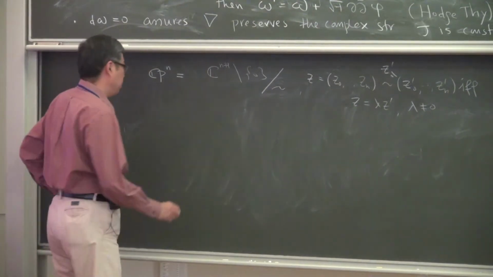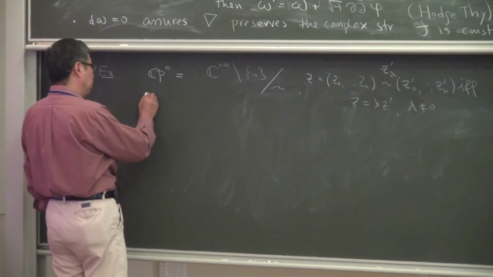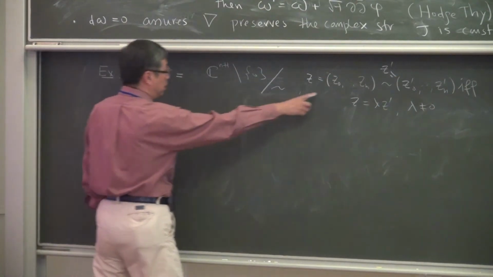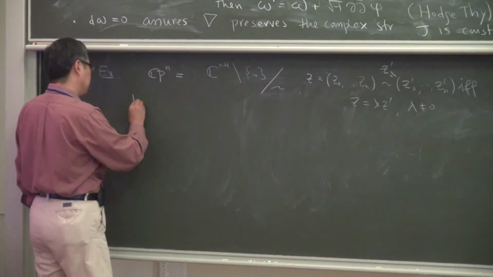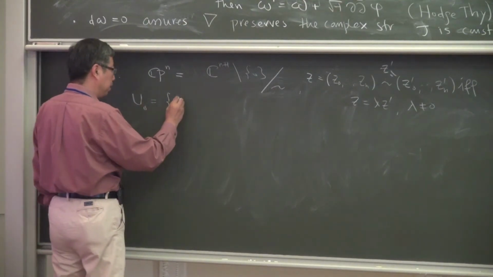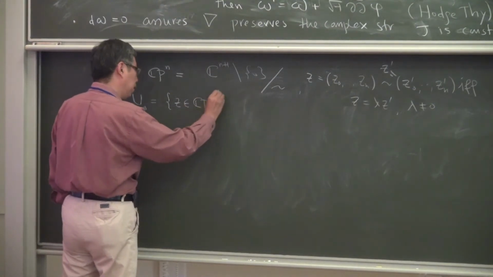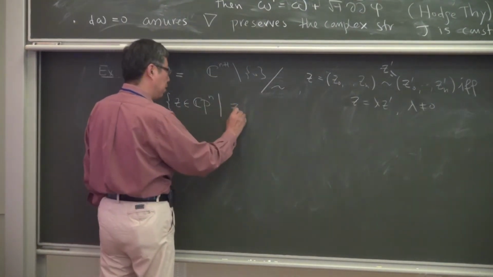So this space has a metric, which you can write as follows. Look at the open set inside CP^n where Z0 is not 0, to make life simpler.